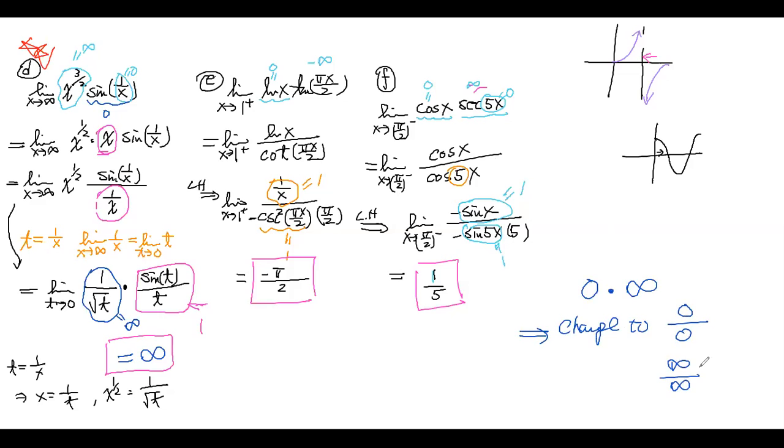Make sure you flip the one that makes it easier, so you can take the derivative of both the numerator and the denominator easily. If one doesn't work, then try to flip the other one. It takes practice, and then you'll get good at it.